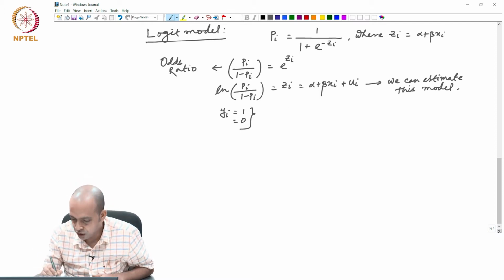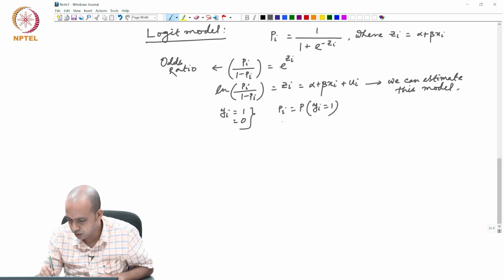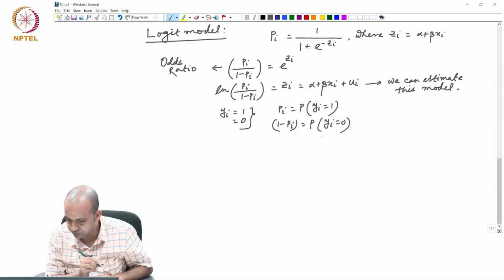That means Pi is the probability yi equals 1, and 1 minus Pi is the probability yi equals 0.